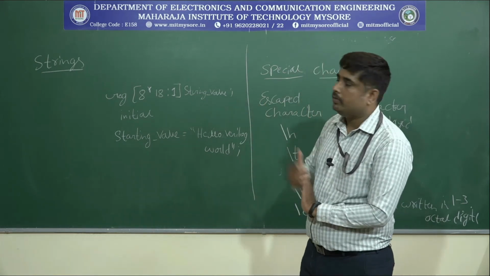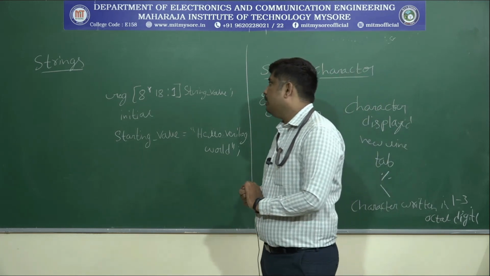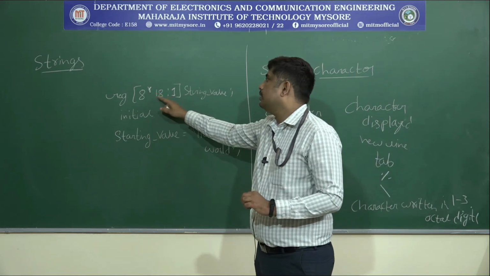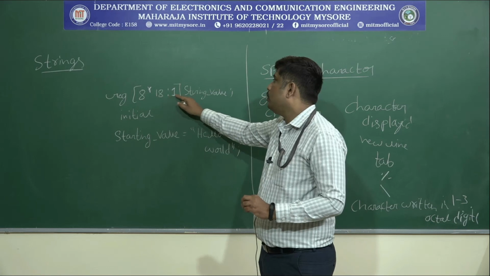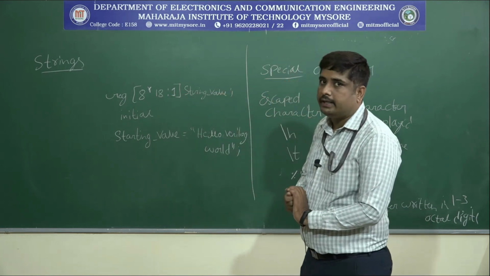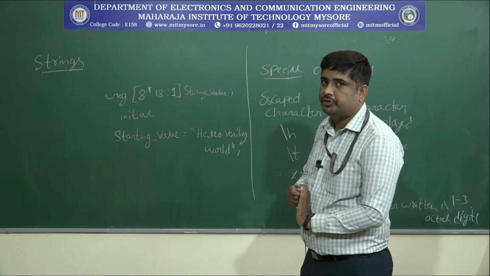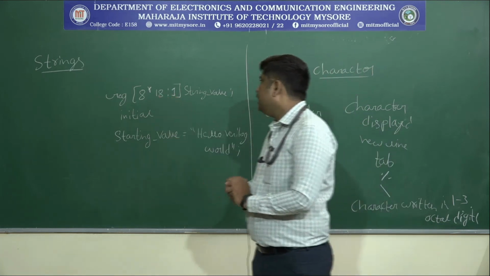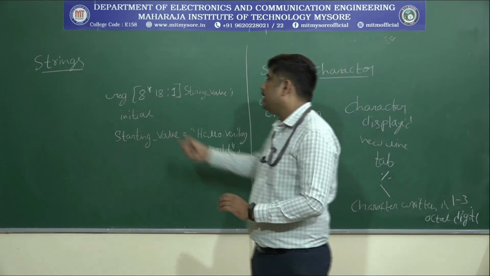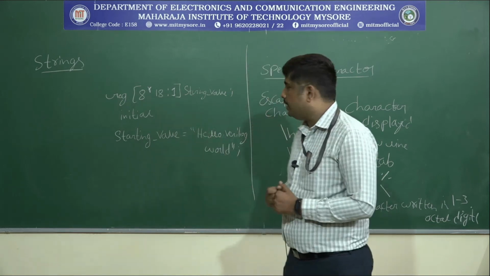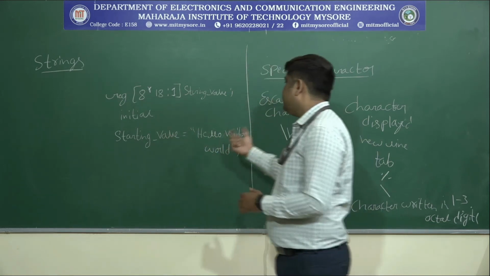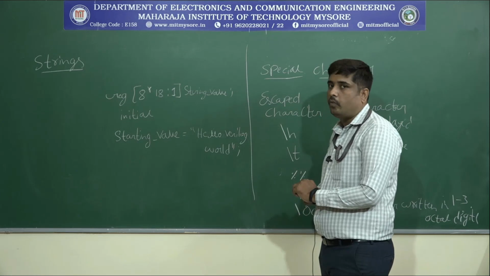Let us take an example: register 8 cross 18 is equal to 1 string value. It indicates an 18-byte string value. Here the initial string value is equal to, we simply assume, "Hello Verilog World".